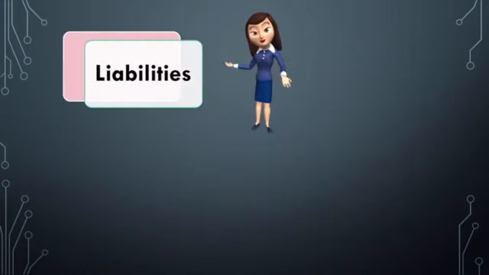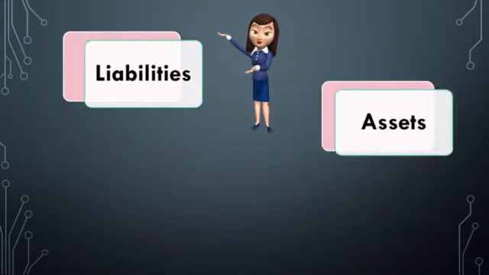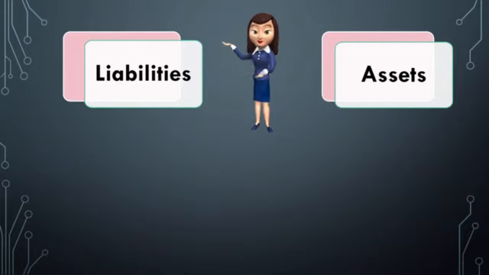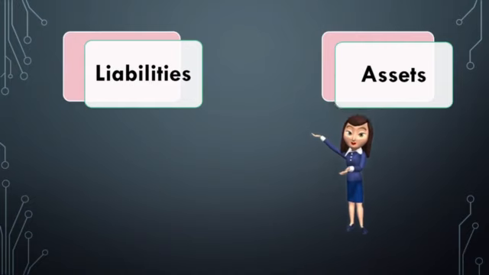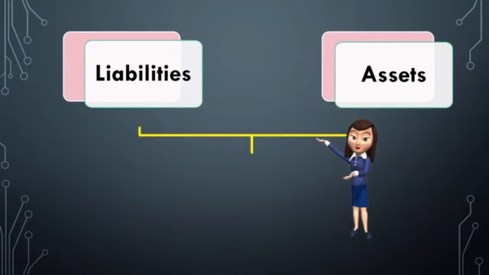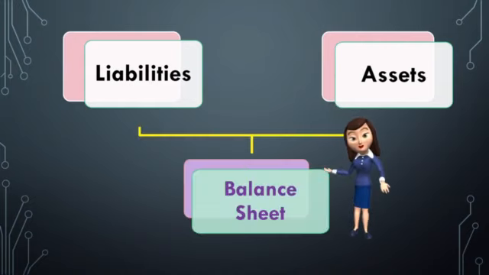The statement showing the liabilities and assets of the business is called the balance sheet, and the difference between assets and liabilities is known as equity, or net worth, or the net assets of the business.